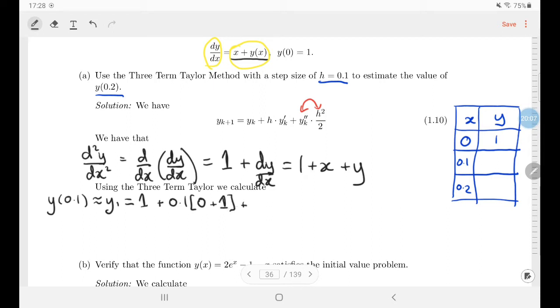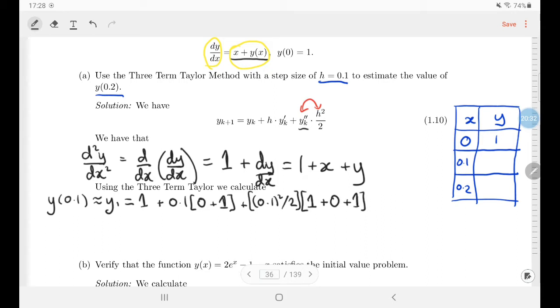Plus, we'll go for step size squared over 2, which I'll write as 0.1 squared over 2. It's a little messy the way I've written it. Times the second derivative at the previous point. So the second derivative is 1 plus x plus y. Previous x is 0. Previous y is 1.